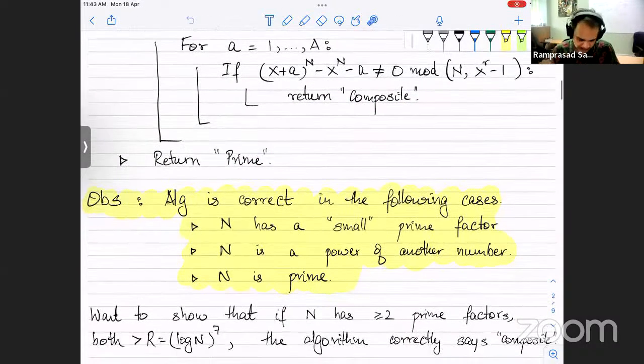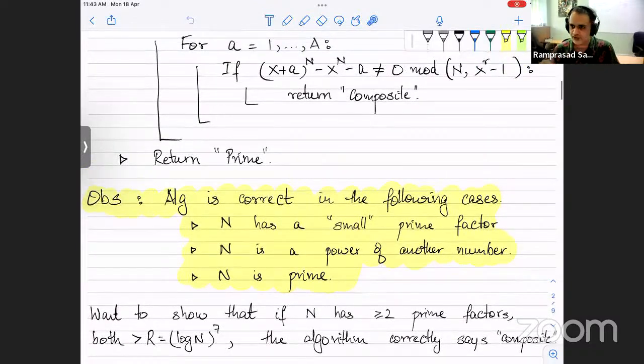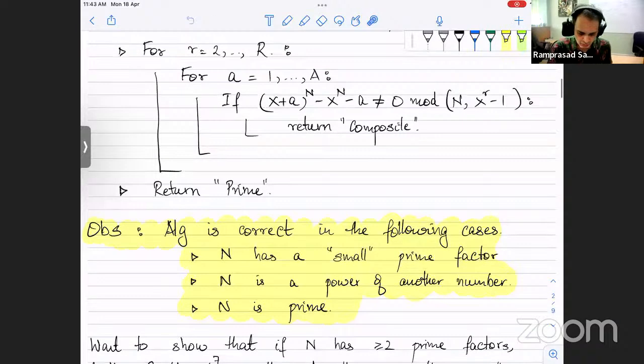Okay, so the interesting setting is when a number has at least 2 prime factors, and both those prime factors are largish, by that I mean bigger than this log n to the 7 or something. We want to argue that the algorithm does correctly output composite. In other words, one of these tests must fail.